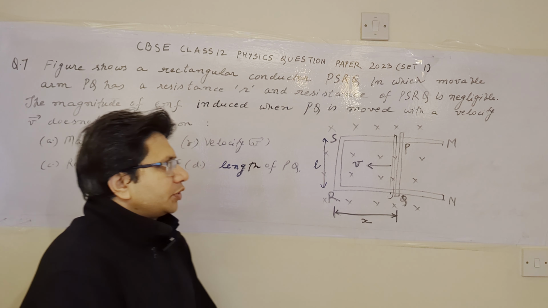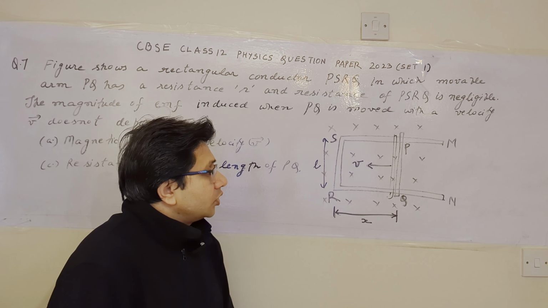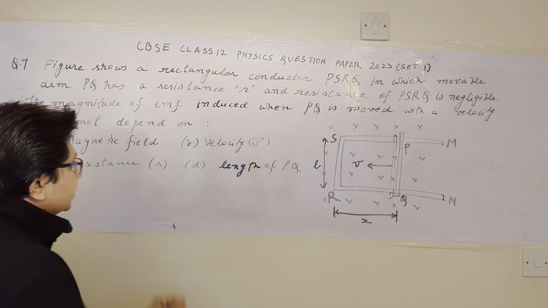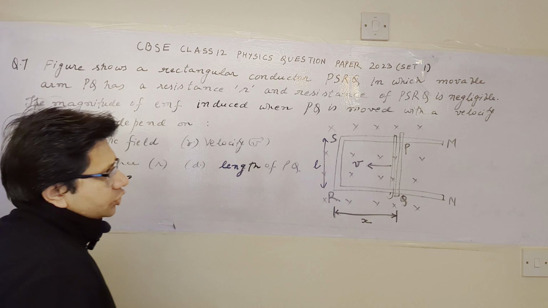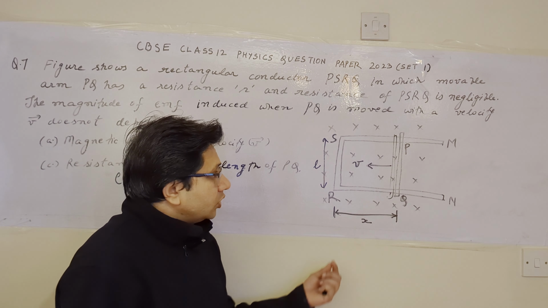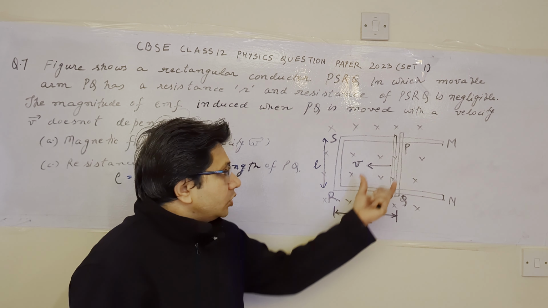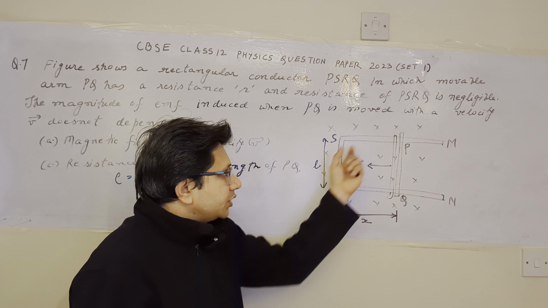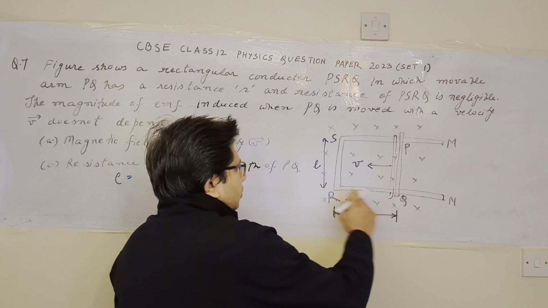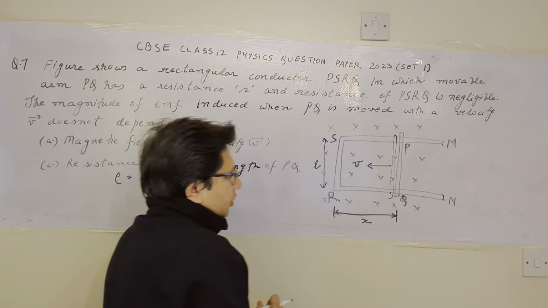So the problem is based on the topic electromagnetic induction. Now the basic concept is this, that the EMF is induced when there is a change in either the magnetic field or the area which is covered by this particular rod and this frame combination.